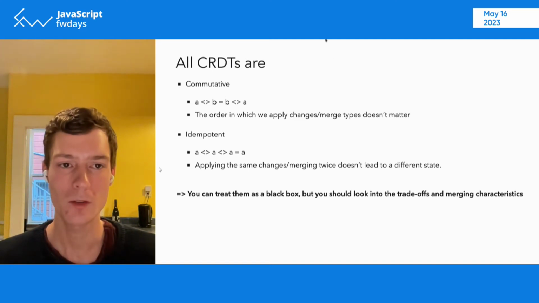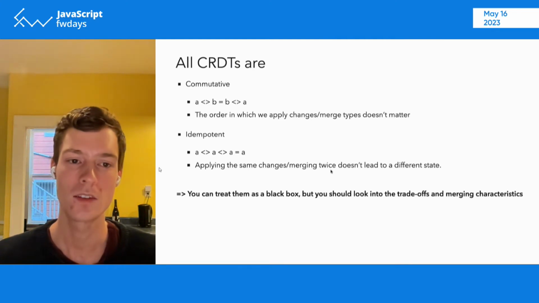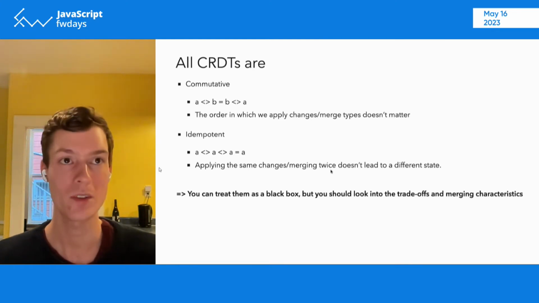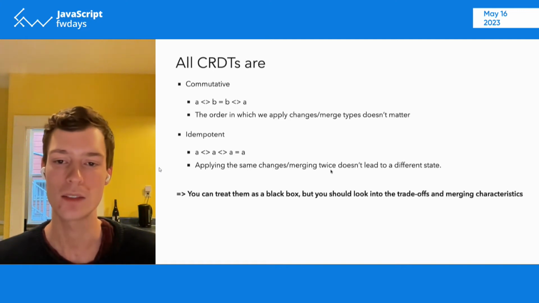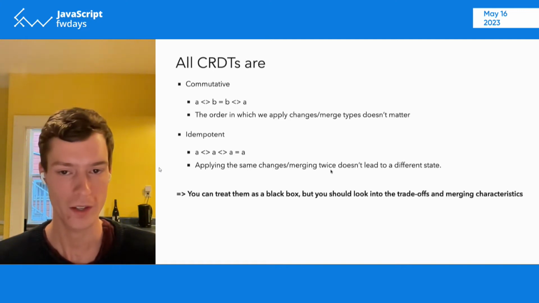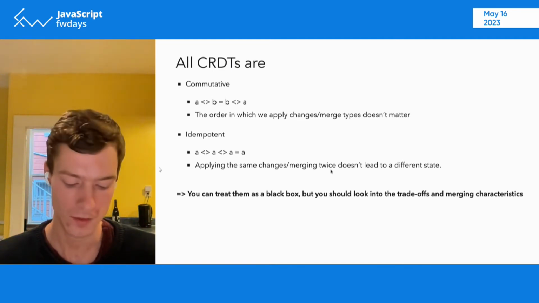And the good thing about those two properties is they're shared by all CRDTs, so you can treat most CRDTs as sort of a black box. But you should look into what trade-offs specific CRDTs make and what merging characteristics they have.